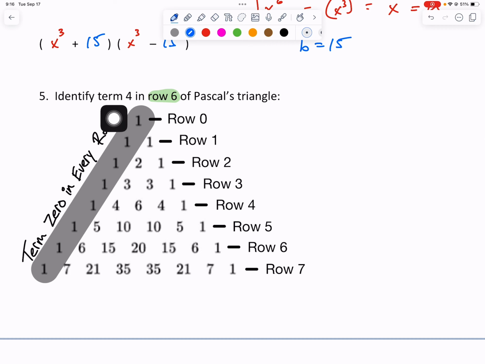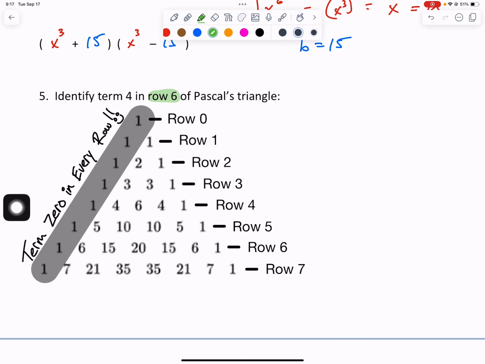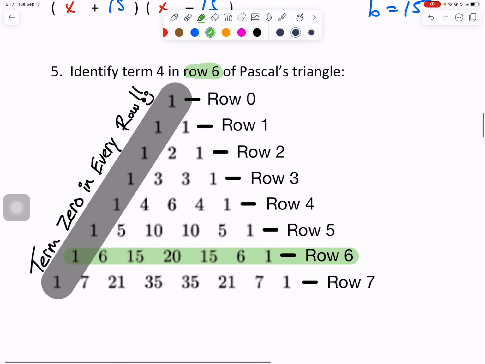Number 5, identify term 4 in row 6 of Pascal's triangle. Again, we're just going to look for row 6. I did highlight that in green. I think I may have done it a little prematurely, but I'm going to go to row 6 and work all the way down. When we're looking at the triangle, our first coefficient, our first term, is always going to be term 0 in every row.